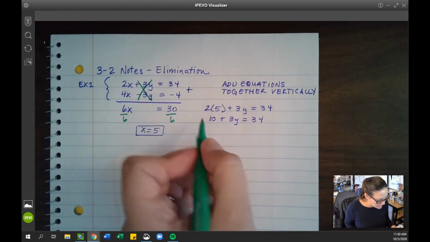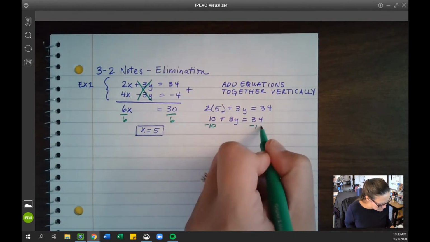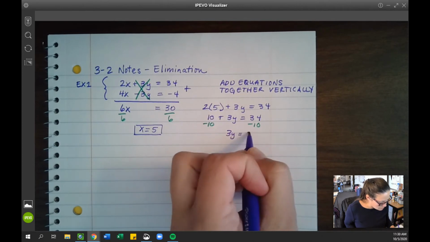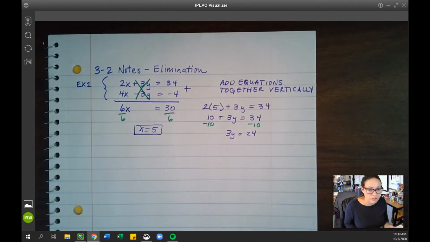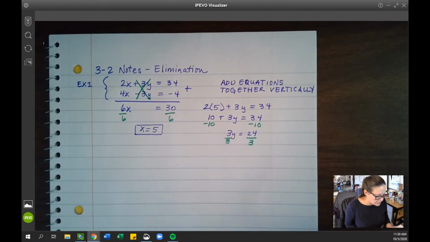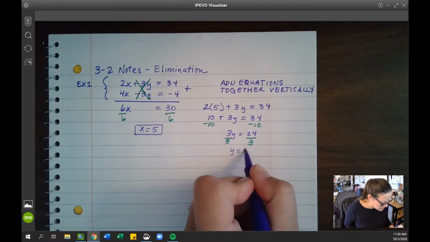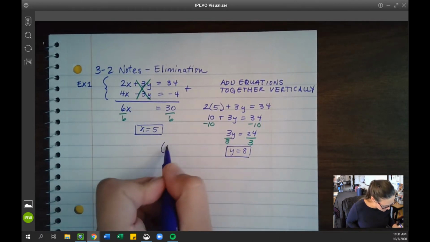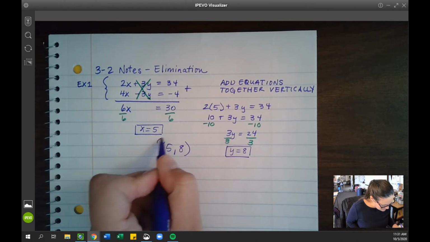I'm going to subtract 10 from both sides. Get 3y equals 24. Now I'm going to divide both sides by 3. And we get y equals 8. So my answer is (5, 8).